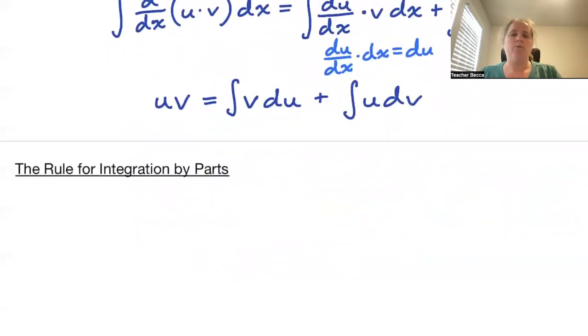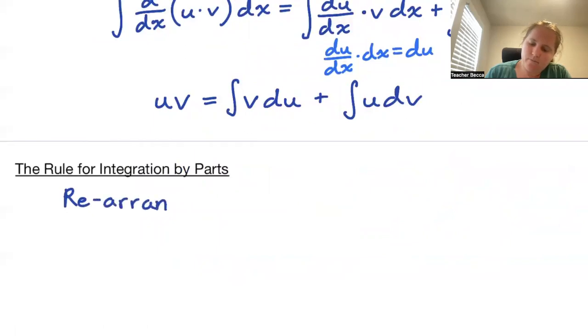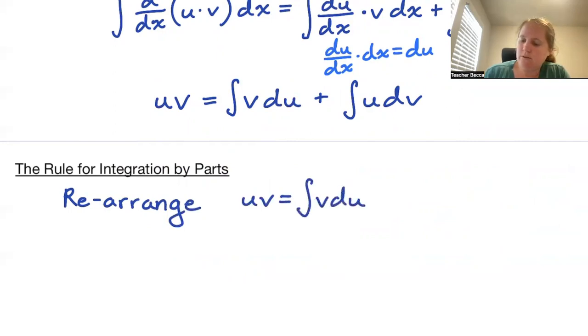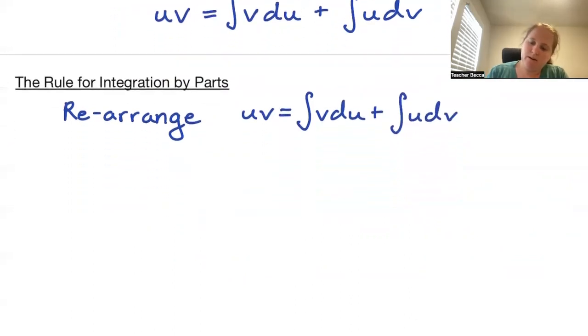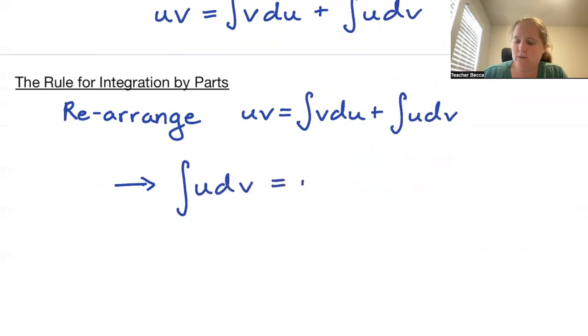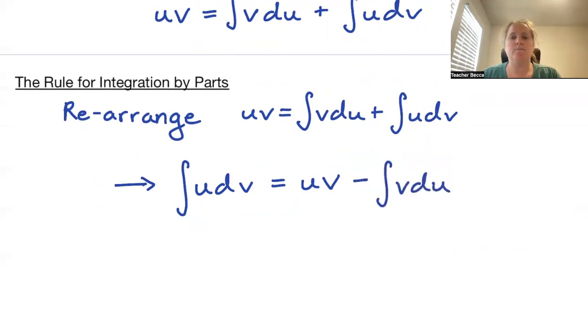Rearranging this, we get the rule for integration by parts. So the whole point of integration by parts is so that we can do an integral. So if we just rearrange the fact that uv is equal to the integral of v times du plus the integral of u times dv, we wind up getting that the integral of u times dv is equal to u times v minus the integral of v times du.